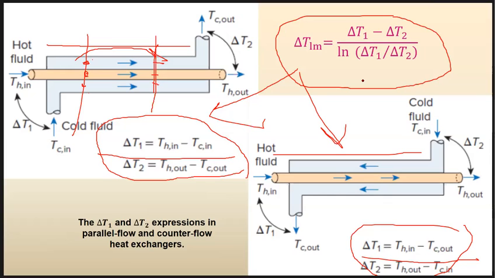So when you want to analyze more complicated heat exchangers, the delta T log mean temperature, delta T sub lm, does not follow exactly this equation. I mean, you can use this equation, but you need to multiply it by some correction factor. So you need to incorporate some other factors to make this simple equation work for more complicated forms of heat exchangers.